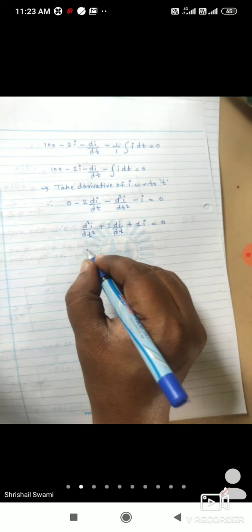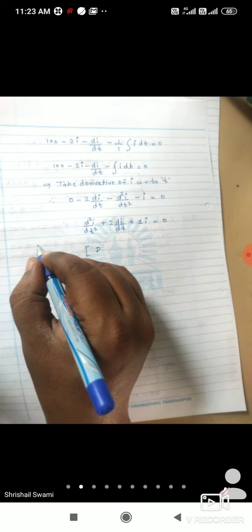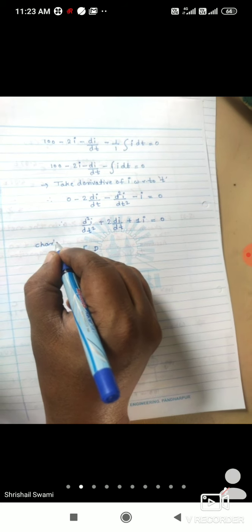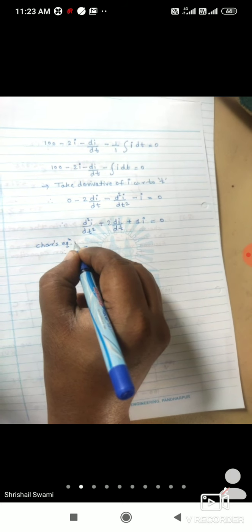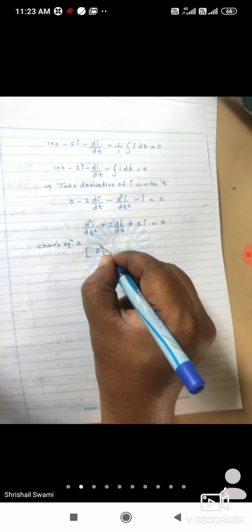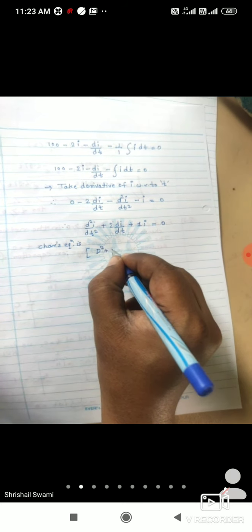So directly you can write the characteristic equation. Therefore the characteristic equation is d square plus 2d plus 1 into I is equal to 0. So this is equation number 1.